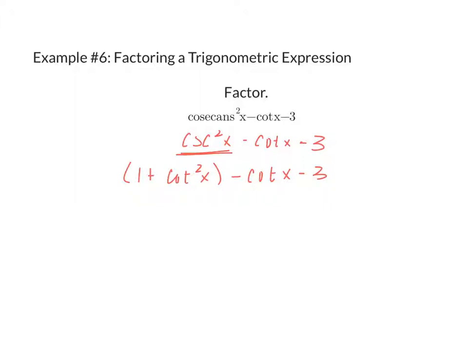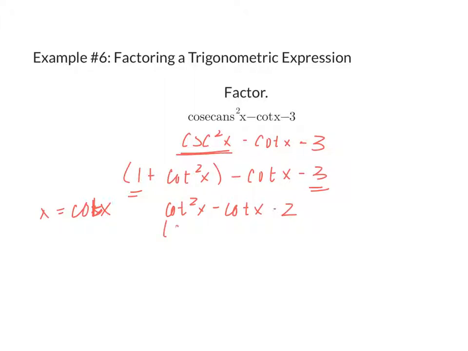If I take everything out of parentheses and I combine this 1 with this negative 3, I'll be left with cotangent squared x minus cotangent x minus 2. Okay? From there, again, we want to use the substitution method and say that x equals cotangent x. Sorry, that's cot x. And so I'll replace them.